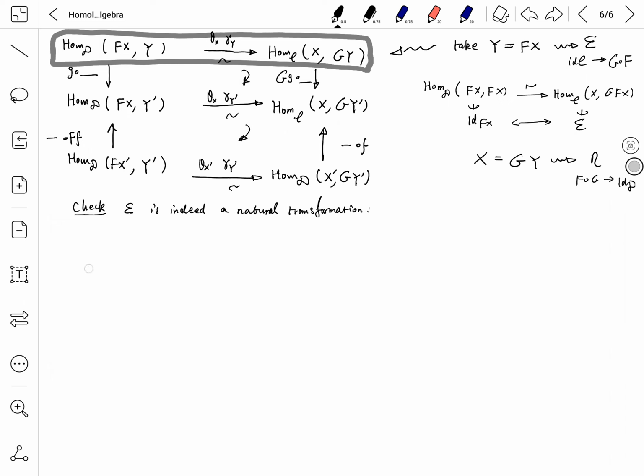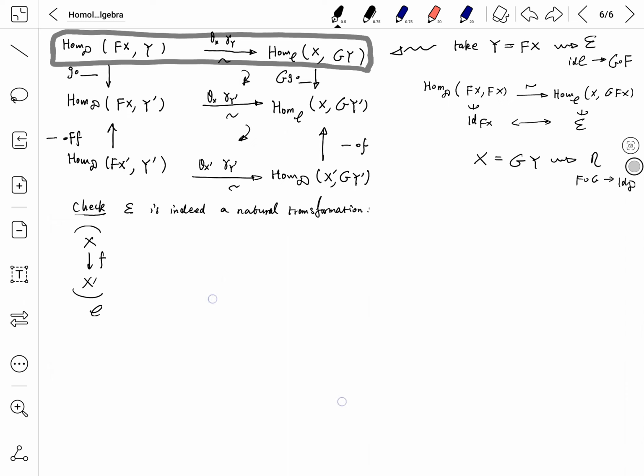So let's take an arbitrary map in category C, and we want to check that the epsilon we defined is a natural transformation.